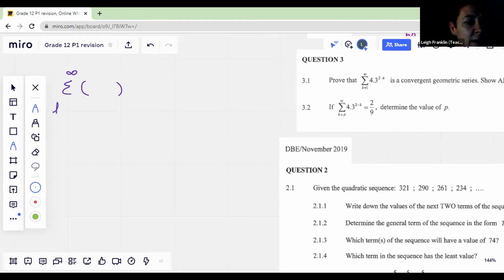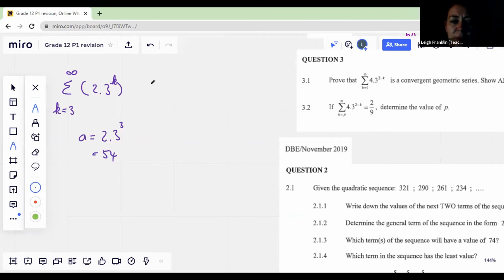So let's say here they say K is equal to 3. If I have a rule here, 2 times 3 to the K, then I'm going to create the first term in this series by subbing in 3. So term A would be equal to 2 times 3 to the power of 3. So that would leave me with 54.